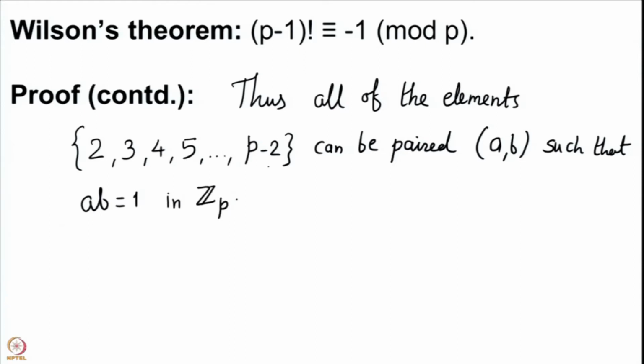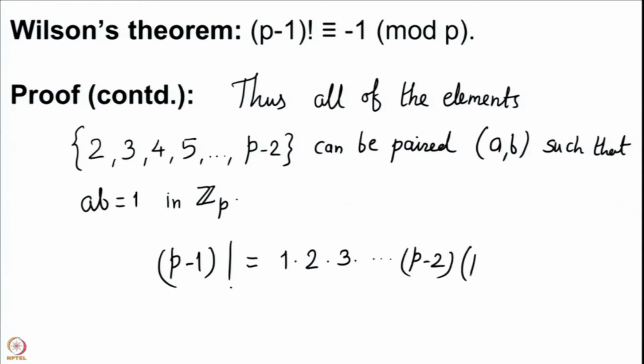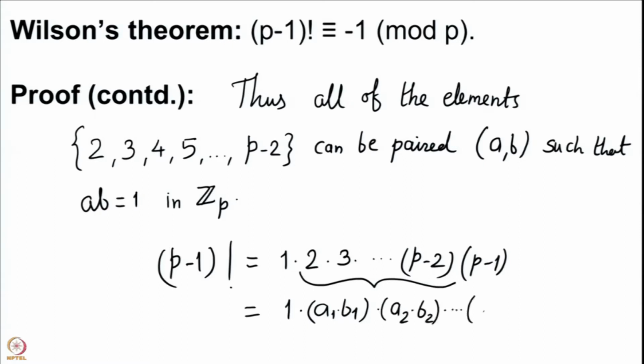So, when I take the product p minus 1 factorial, this is 1 into 2 into 3 and so on up to p minus 2 into p minus 1. So, these elements have been paired as a1 into b1, where a1 and b1 have the property that their product is 1 in Zp, a2, b2, so on up to ar, br.